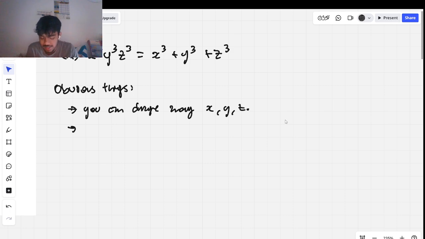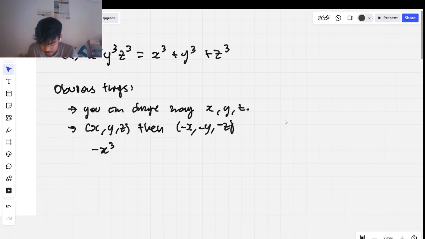What else? Now, if x, y, and z do satisfy the asterisk, then minus x, minus y, minus z also do, and that's because this would become minus x cubed, minus y cubed, minus z cubed, which is just equal to minus x cubed minus y cubed minus z cubed.